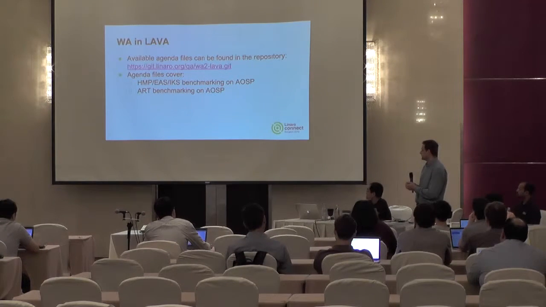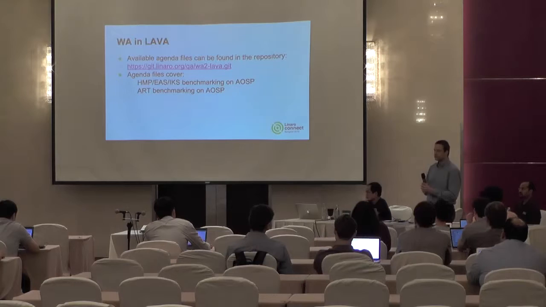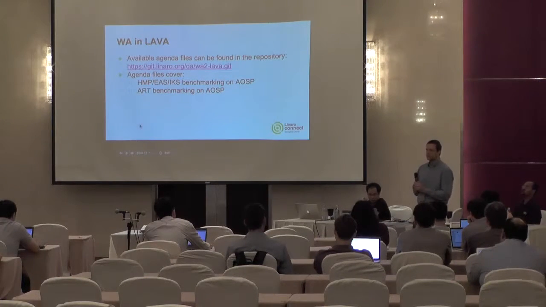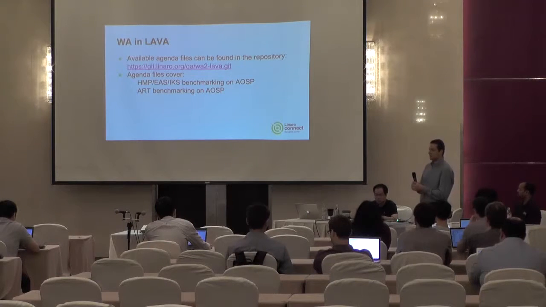They have examples of how to set parameters on the board. Workload Automation, for example, allows you to control the CPU layout, so we can turn some CPUs on and off, or change the I/O scheduler, or do this kind of thing.